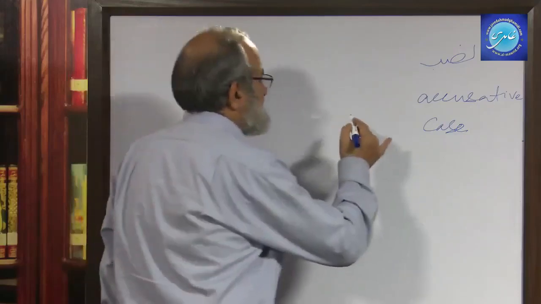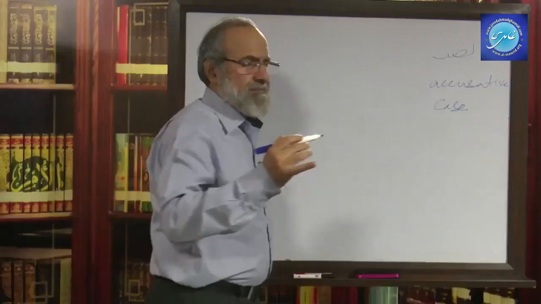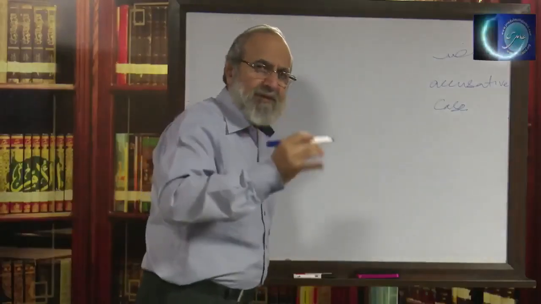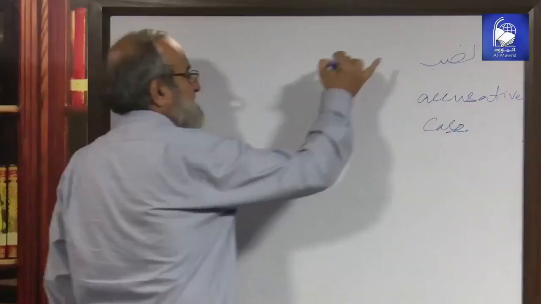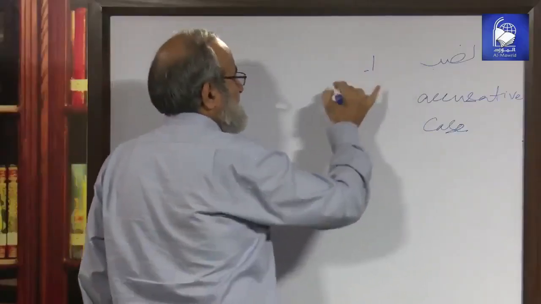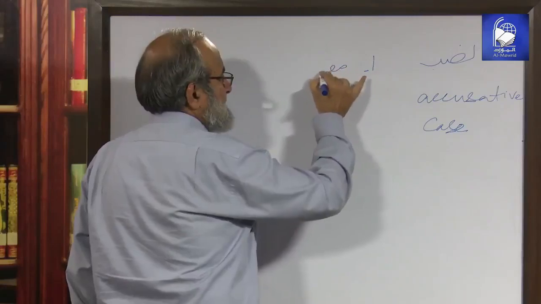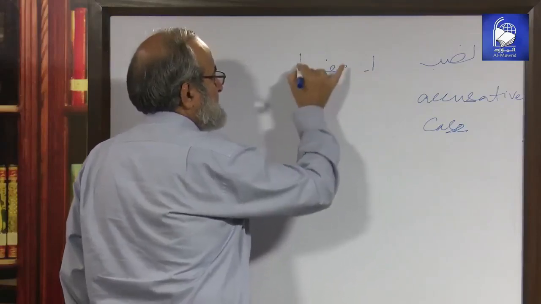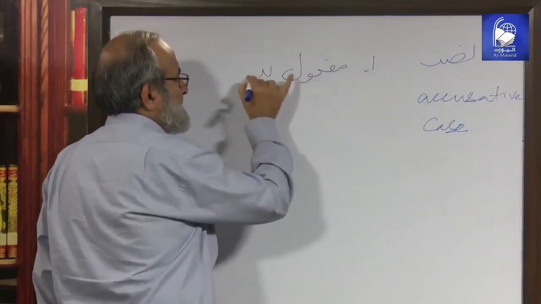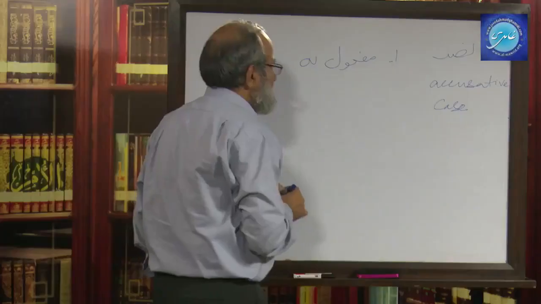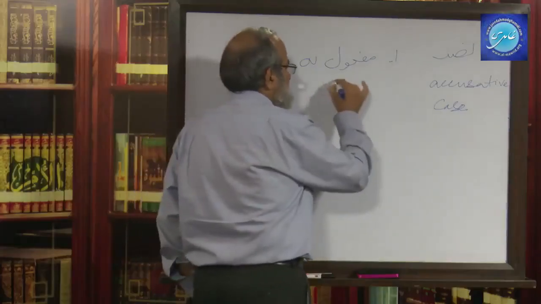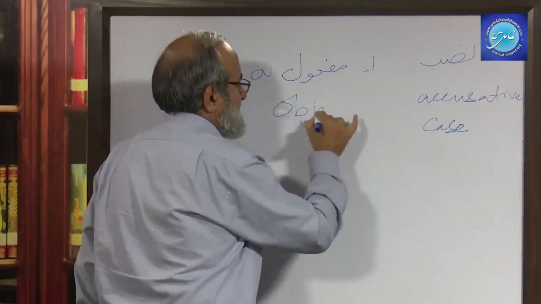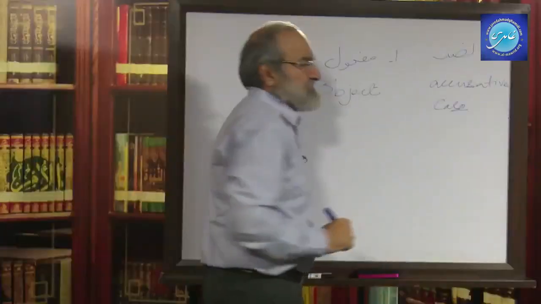By far, the most important and the most frequently appearing reason for a noun to be in the form of Nasab is what is called maf'ul, or it is also called maf'ul bihi, which is the object in a noun.